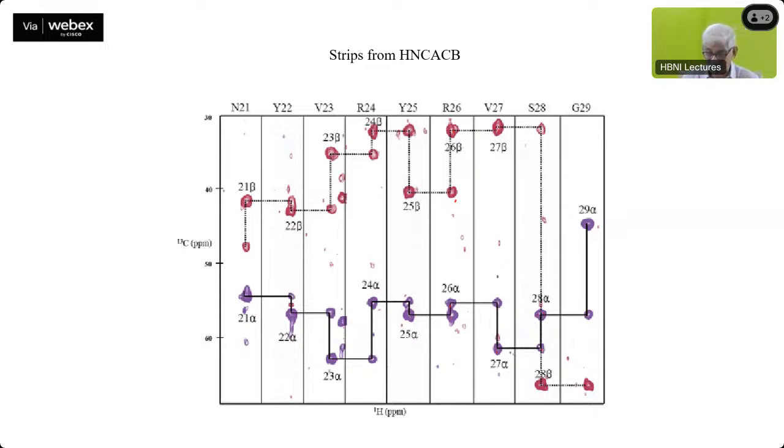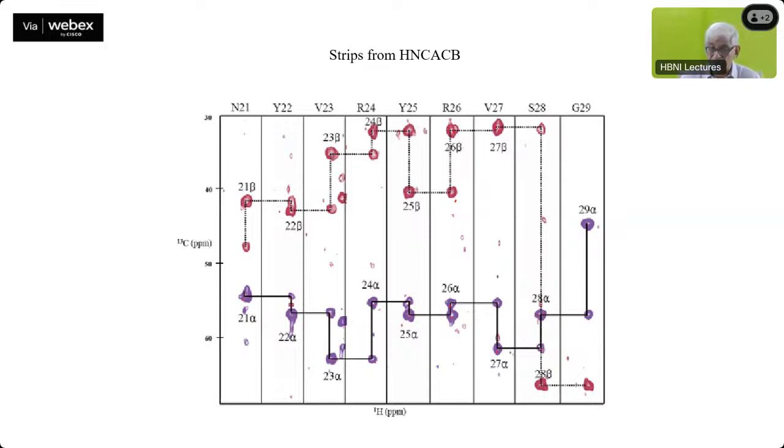If you look at the C alpha connections, go here, here, here. That's why they are given in different colors. Okay, 29 to 28, 28 to 27, 27 to 26, 26 to 25, 25 to 24, 24 to 23, 23 to 22, 22 to 21, 21 to self. And then of course you can go further.